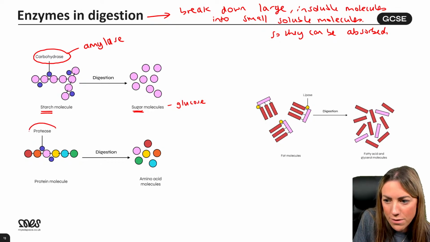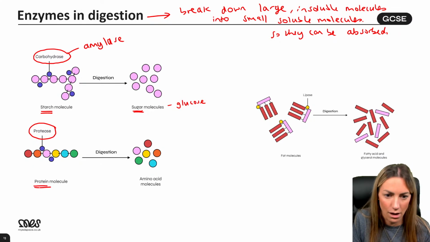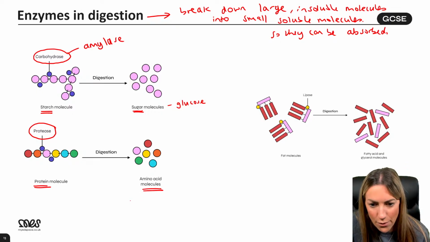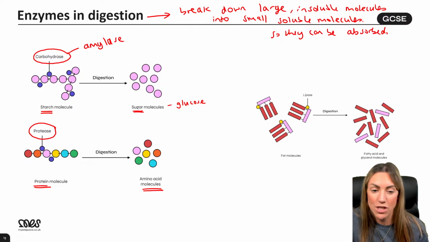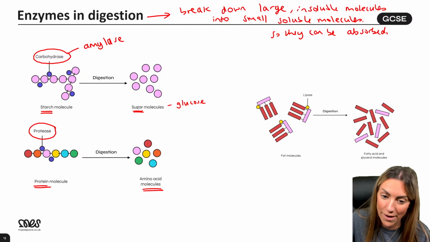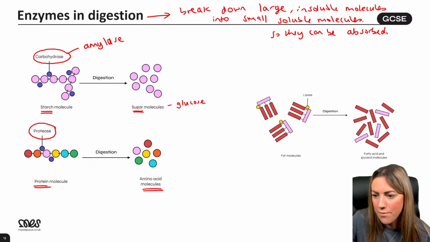Then we've got protease, which digests protein, which is large and insoluble, into amino acids. What is maltose? You don't have to know about maltose for GCSE. That's on the AQA A-level specification. However, if you're Edexcel, that may be different. You might have learned that it's 2 steps.